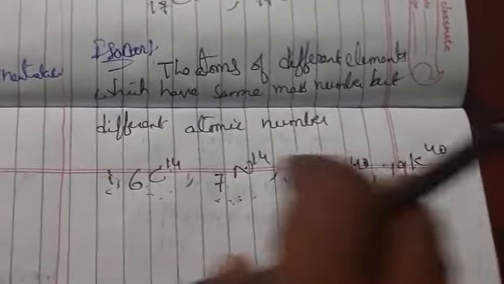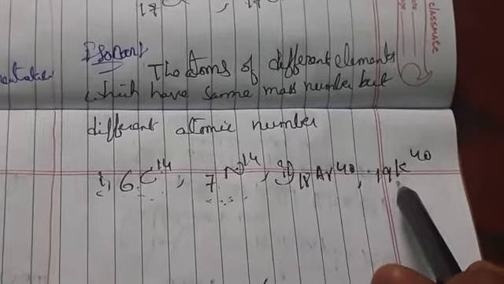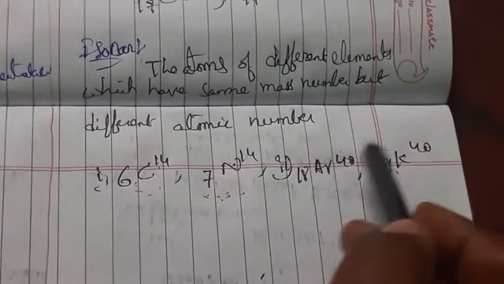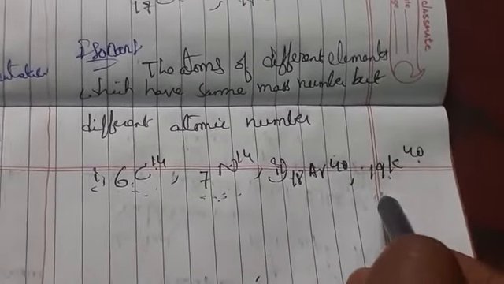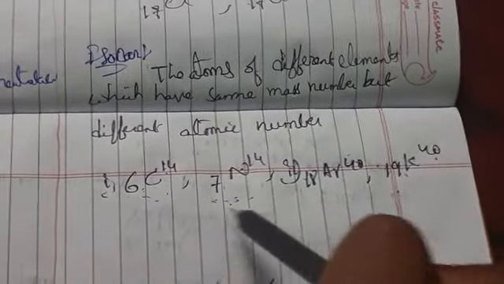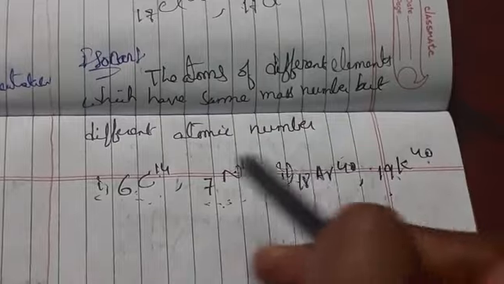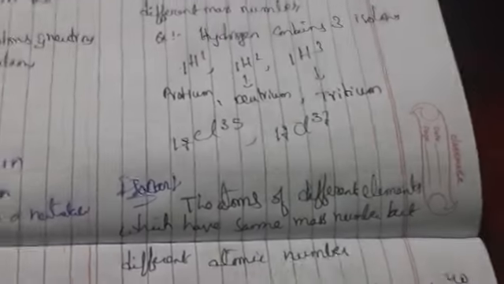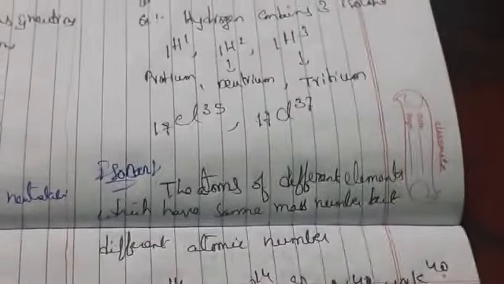In the same way, argon and potassium have the same mass number and different atomic numbers. So the atoms of different elements which have the same mass number but different atomic numbers, we call isobars. So this is nothing but isotopes and isobars.